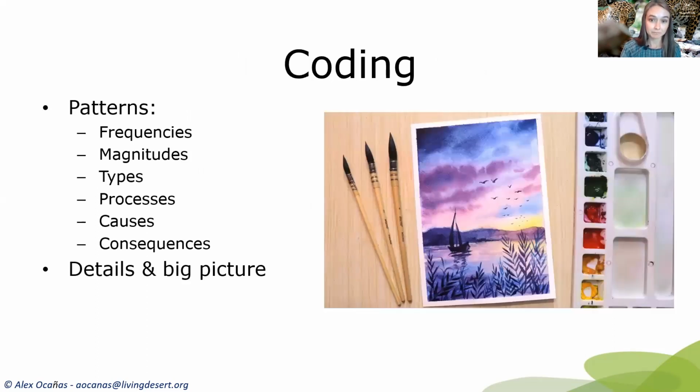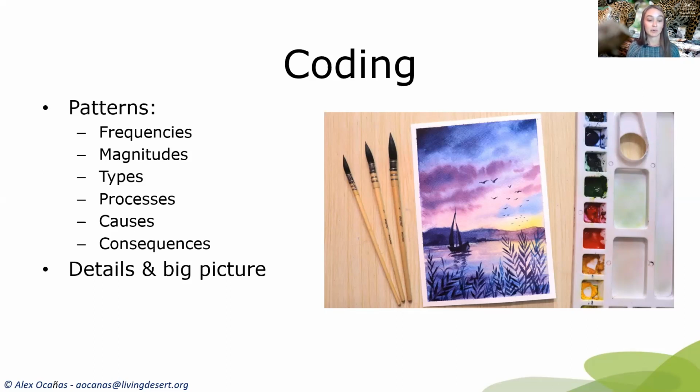It's pretty simple to share. So when we go through this coding process, in general, we're looking for patterns. Things like frequencies, how often is something happening, or the magnitude, how much, or to what extent. We might be looking for different types of things. Let's say we're looking at relationships. What are the different types of relationships? There are acquaintances, work colleagues, family, friends, as examples.